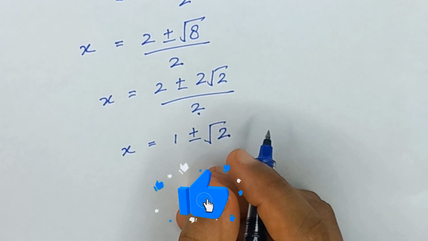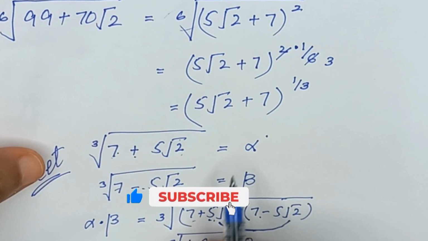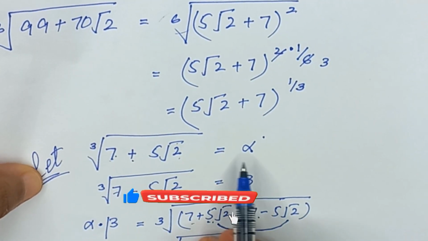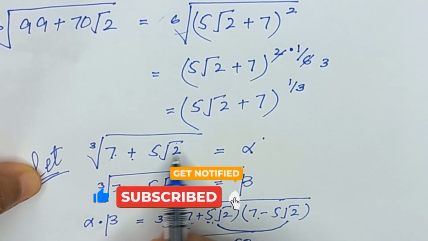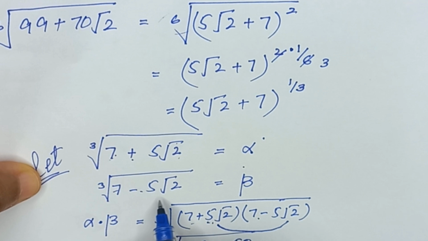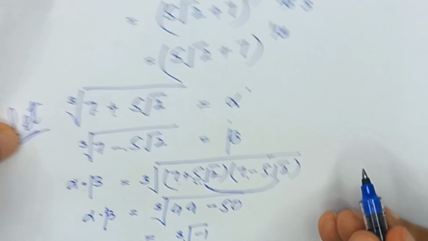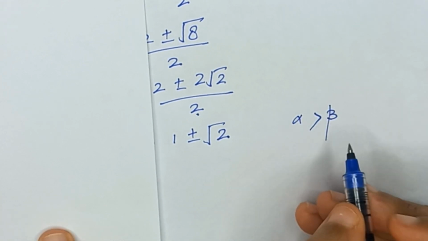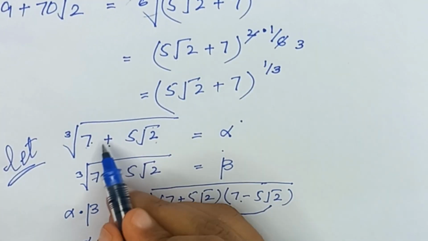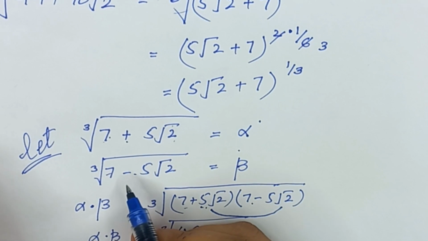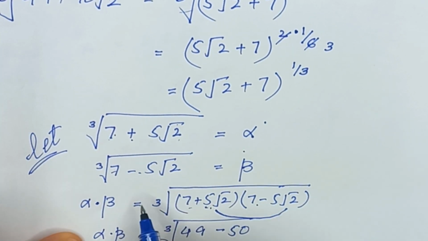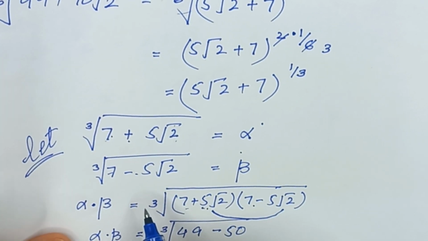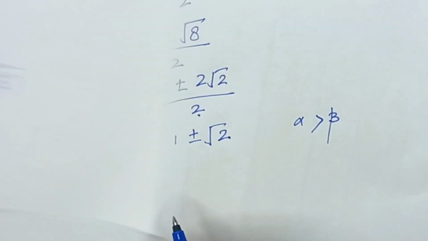And here we have alpha is cube root of 7 plus 5 square root of 2 and beta is cube root of 7 minus 5 square root of 2, and we know that alpha is greater than beta, because in alpha we have a positive sign and in beta we have a negative sign. So we will take here the positive sign. Alpha is a bigger value.